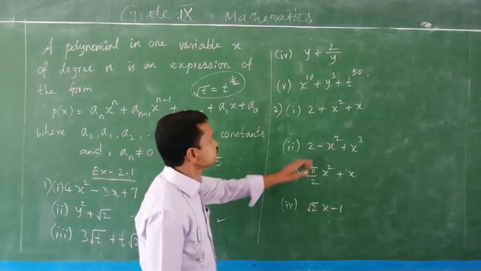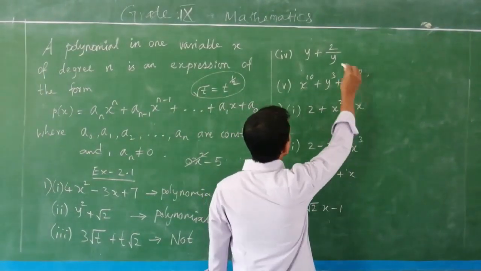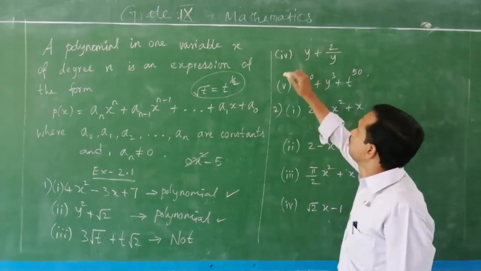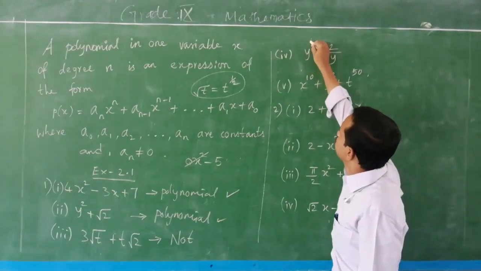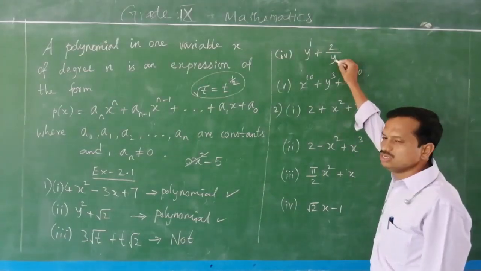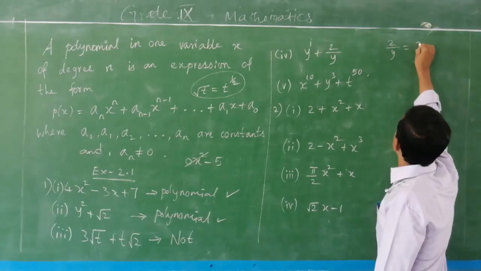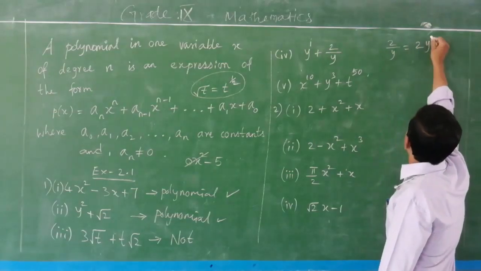And coming to this option, y plus 2 by y. So for this variable y, the exponent is 1. But what about here? The variable is in the denominator. So 2 by y means 2 into y power minus 1.